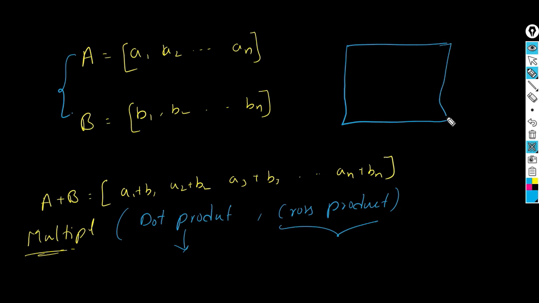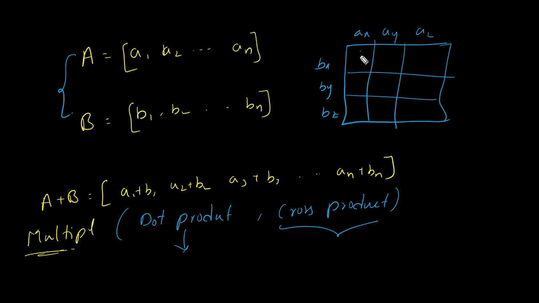For example, if you represent this in matrix representation like this, the components of A are Ax, Ay, Az, and the components of B are Bx, By, Bz. These are the dot products.